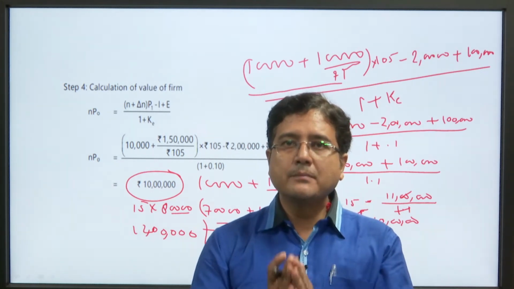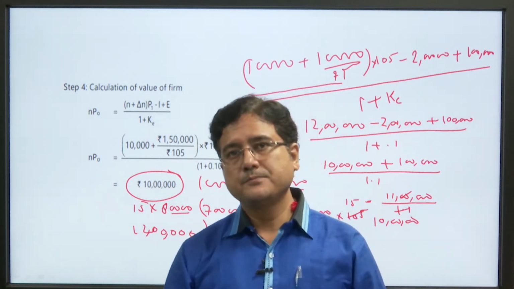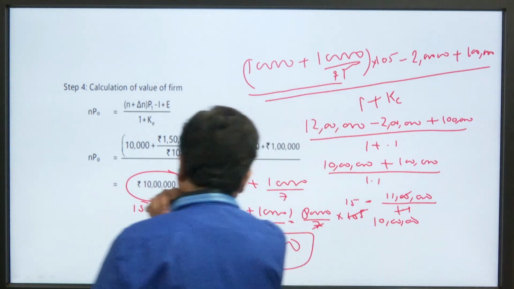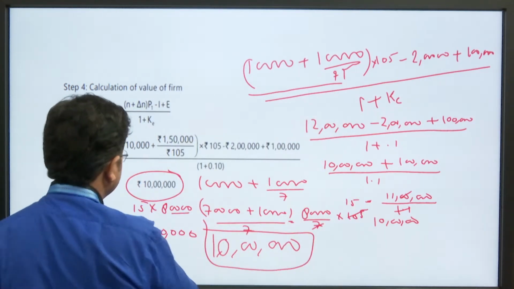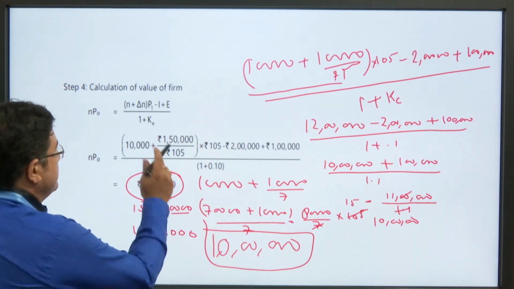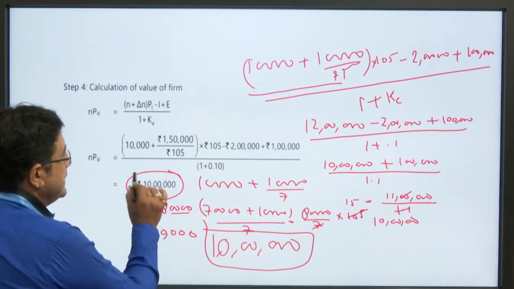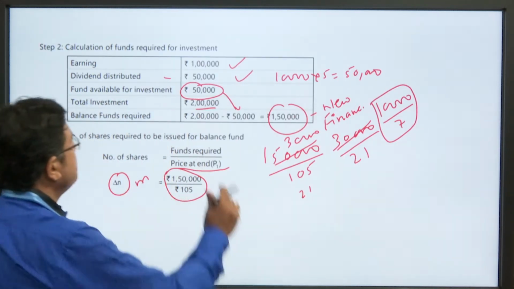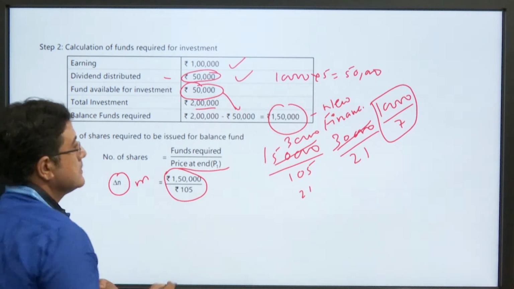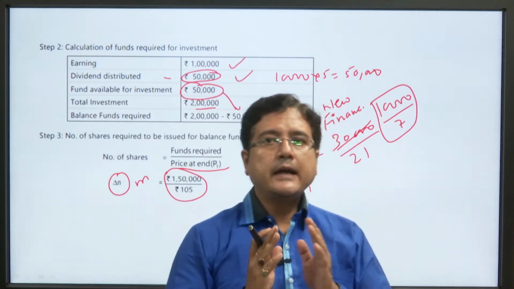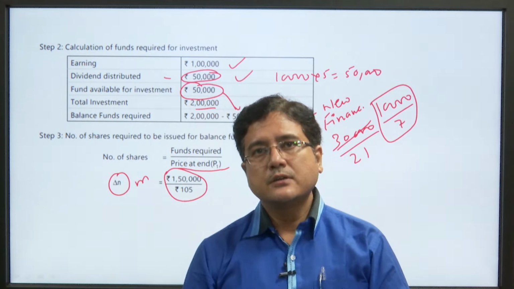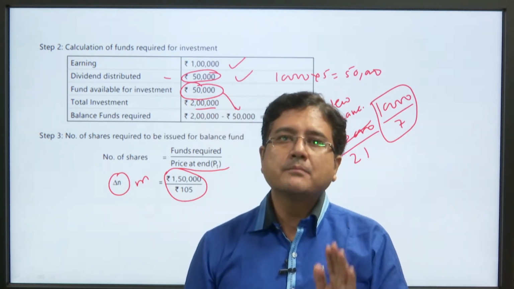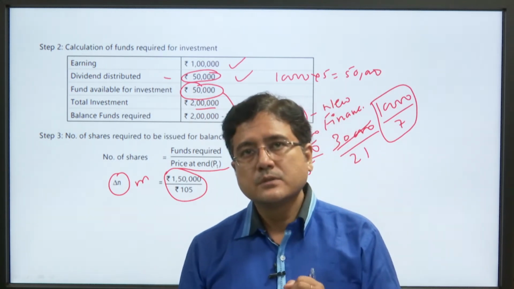I discussed in the previous lecture that when we did not pay the dividend, the value of the firm was also 10 lakh.